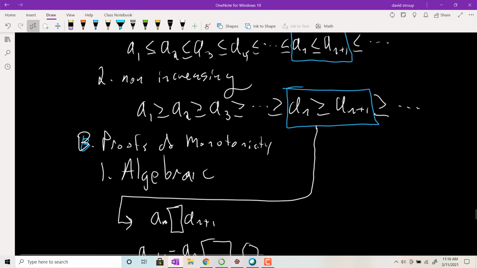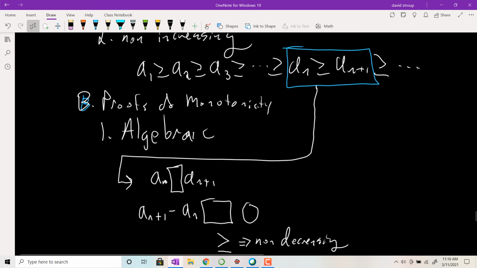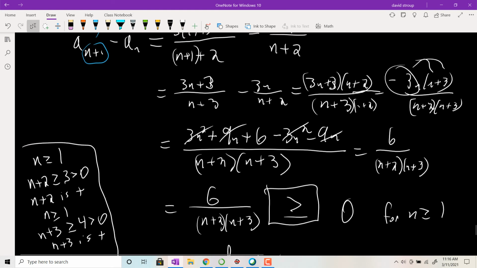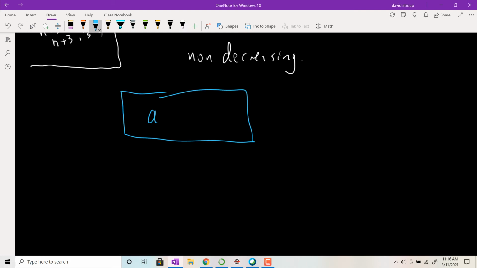The next kind of proof, the second kind of algebraic proof, is derived from this blue box inequality. So again, this is kind of taking that blue box inequality. I should have given this another heading, but what do we have?